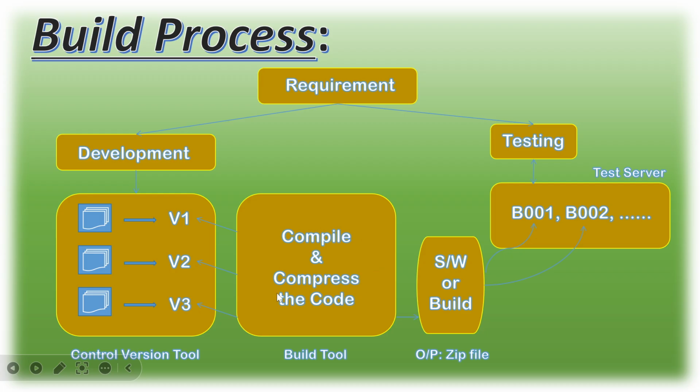And once this process is completed, the output will be a zip file. Okay. Once they unzip the file, they will have a .war file, .jar file, and .tar file. So all those .war, .jar, and .tar files will be installed in the test server.